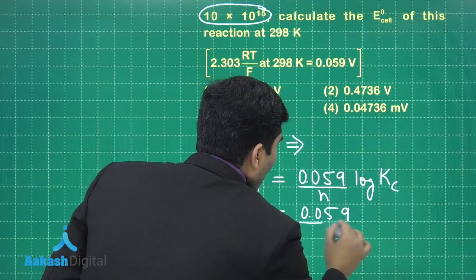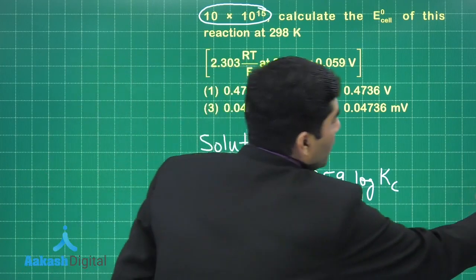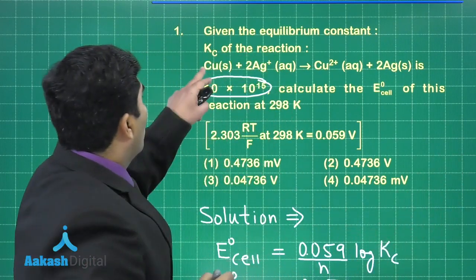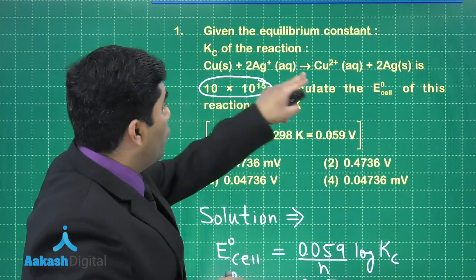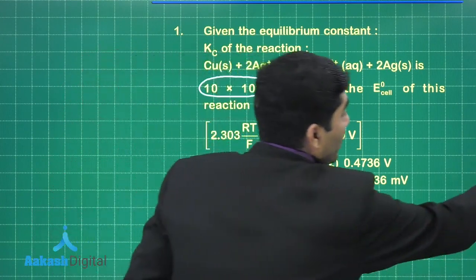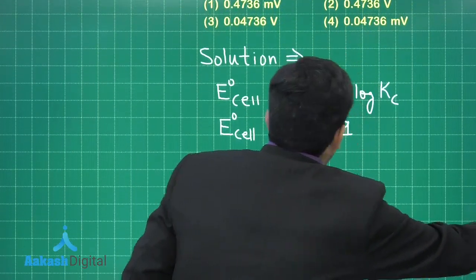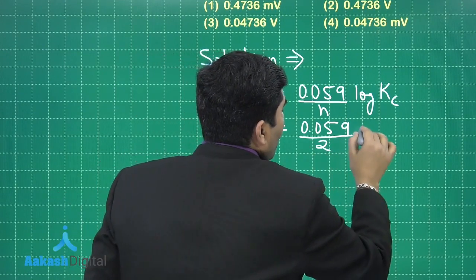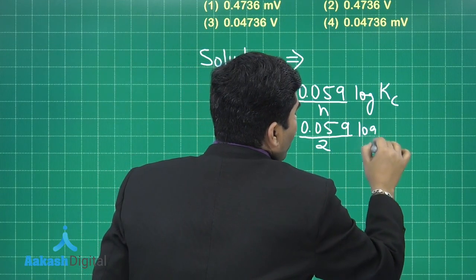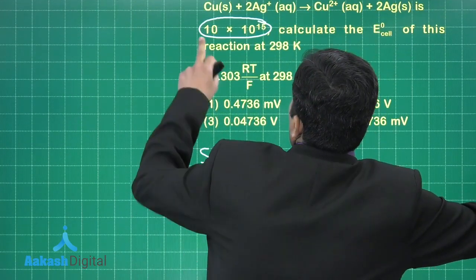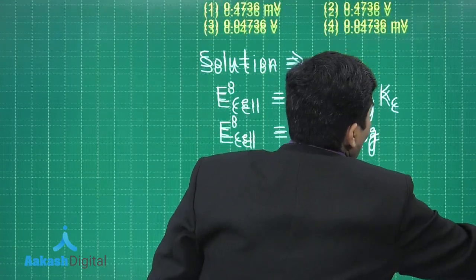E naught cell is equal to 0.059 upon n. Now you can see here, in the reaction copper is losing 2 electrons to form Cu2+. That's why the n factor of this reaction will be 2. So 2 electrons are transferred, and we have to write the value of Kc, which for this reaction is given to us as 10 into 10 to the power 15.